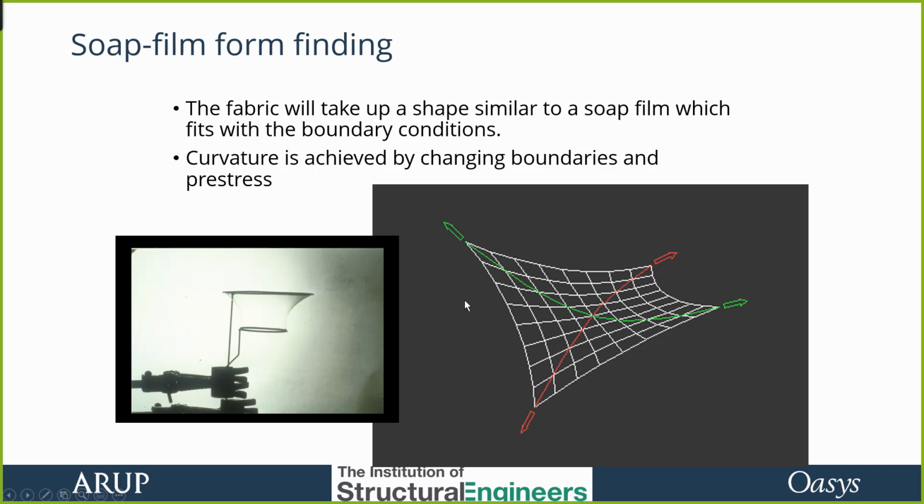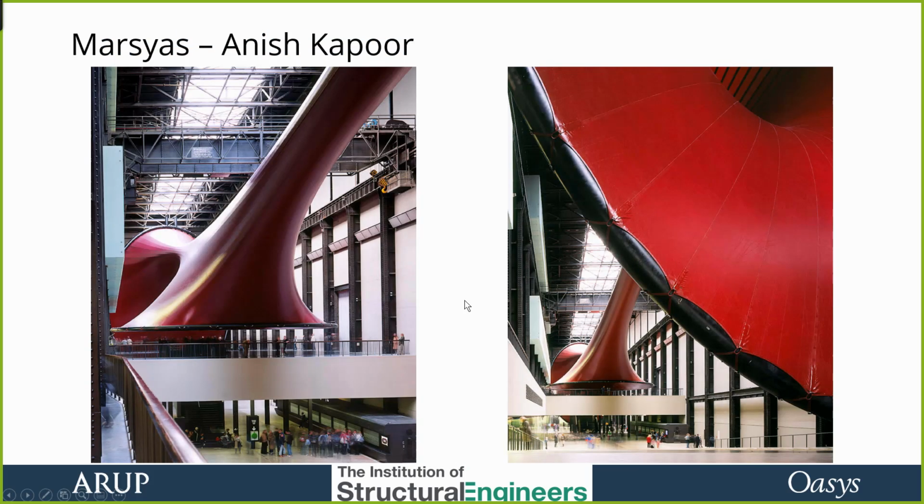And here is one example: Arup project, the Marseillais Tate Modern sculpture by Anish Kapoor, and we have a steel ring here, which is also the weight, which is tensioning up the structure, and the end rings, which is the support structure. And then we have these conic forms in between.